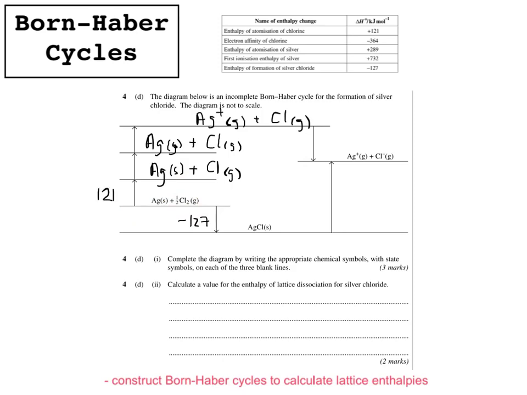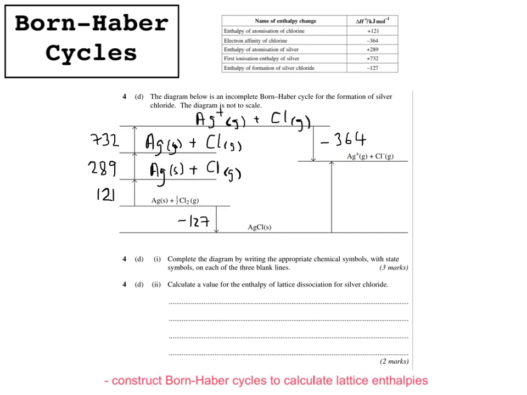Then we've got the next arrow, which is the atomization of silver. So that is plus 289. Then we've got the first ionization energy of silver, so that's 732. And then on this side we've got the electron affinity of chlorine, which is minus 364. And we're trying to work out this arrow here.